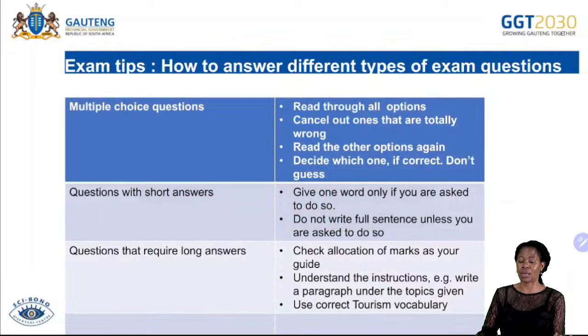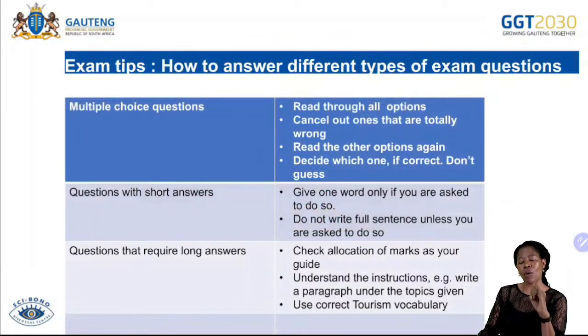Read through all of them. You will be given 4 options, that is A, B, C, D, and then you will be asked to choose the most correct one. Some of the possible answers will be correct, but we need you to give us the most correct one. So how do you choose the most correct answer when you do a multiple choice question?